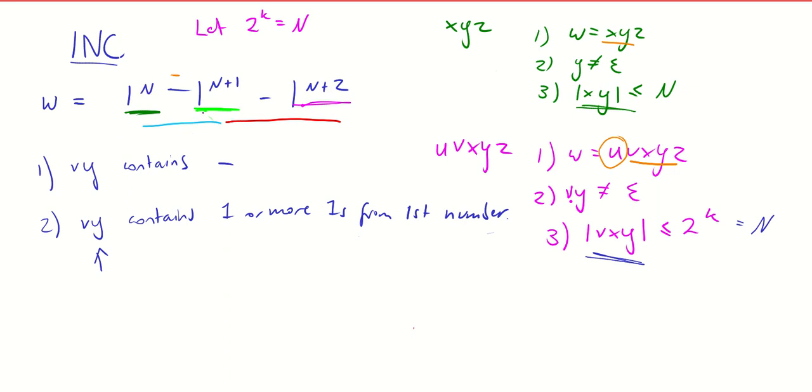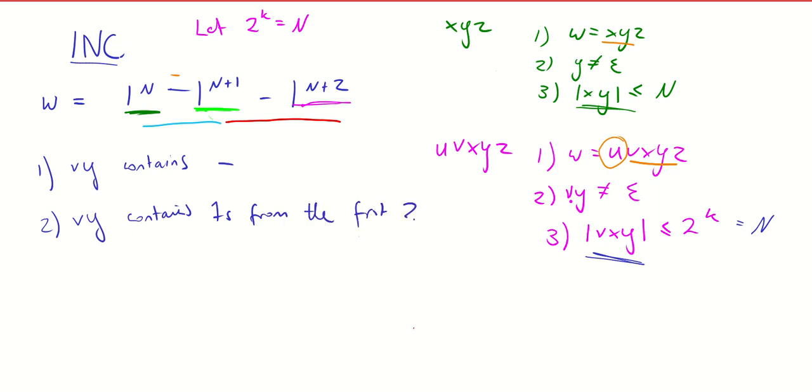So given that that is what's going on, you're probably better off saying something like, case 2 is the case where VY contains ones from the first two numbers. And then you can talk about how when you pump upwards, you make numbers that are bigger, and you'll eventually make a number that is bigger than the third number. This here is good because it is generalizable.